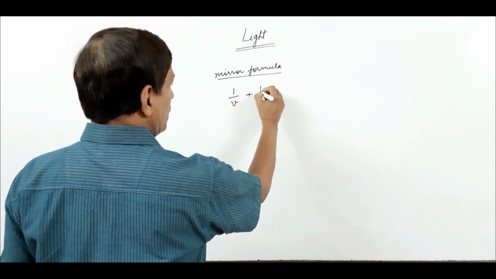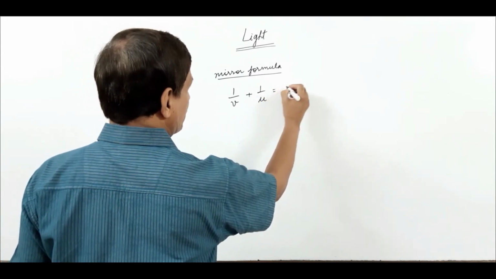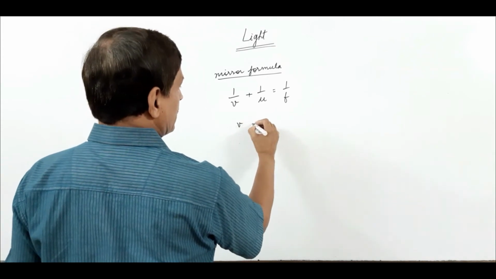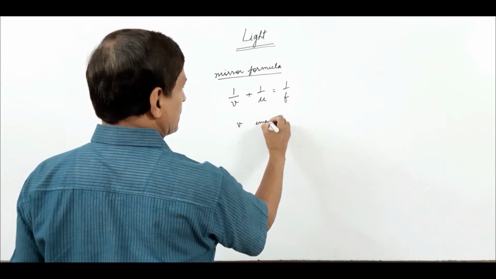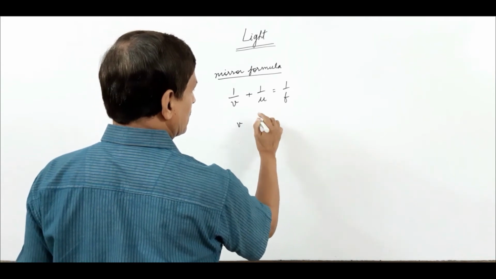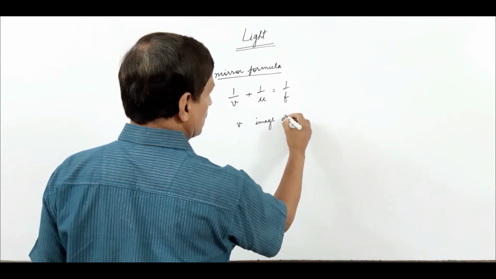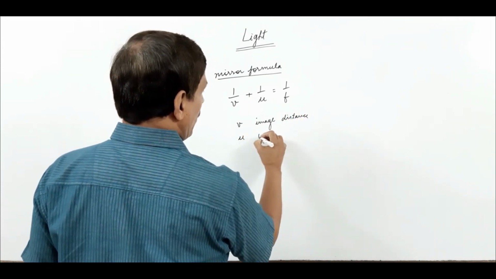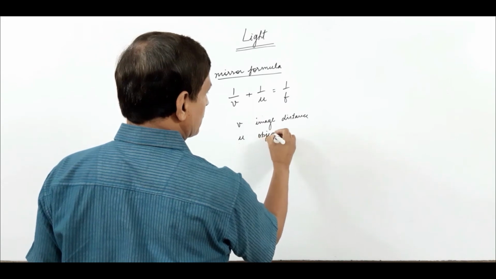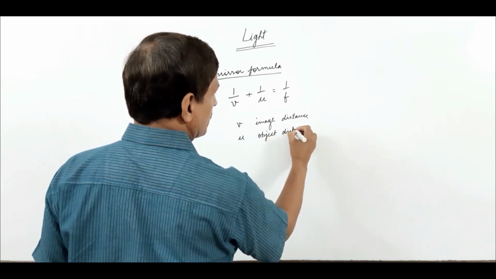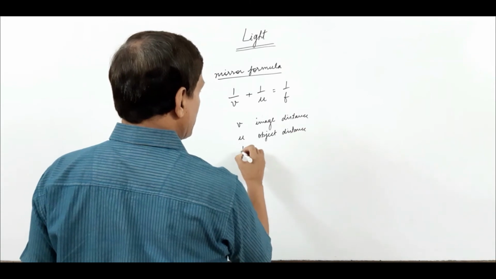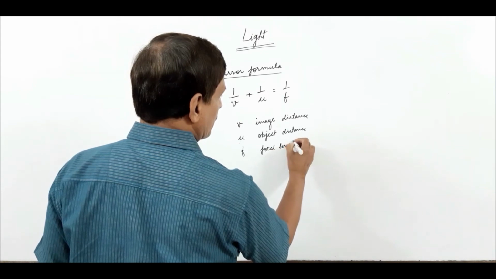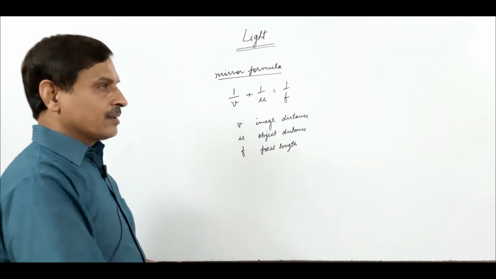This is 1 upon V plus 1 upon U is equal to 1 upon F, where V is the image distance, U is the object distance, and F is the focal length of the mirror.